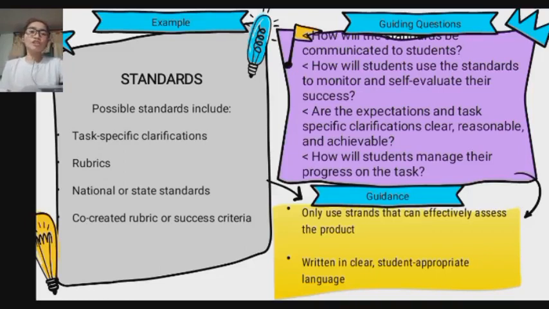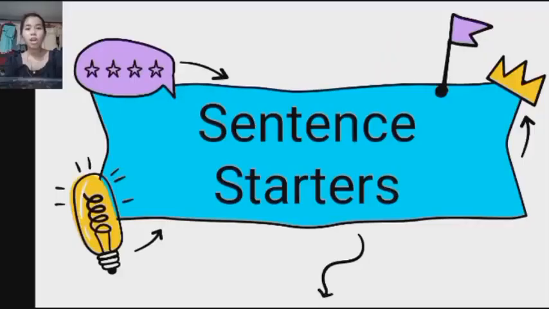So you may just choose one or some of these examples of standards in assigning the students in creating project-based assessment. So in the GRASPS framework, there are sentence starters that serve as guide and basis.